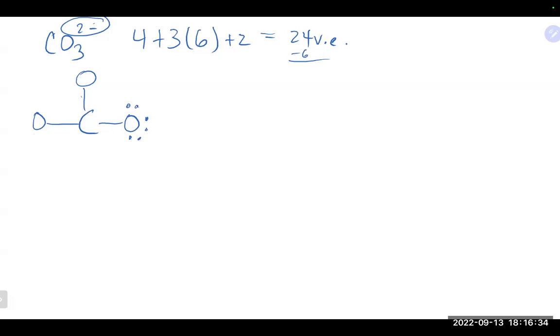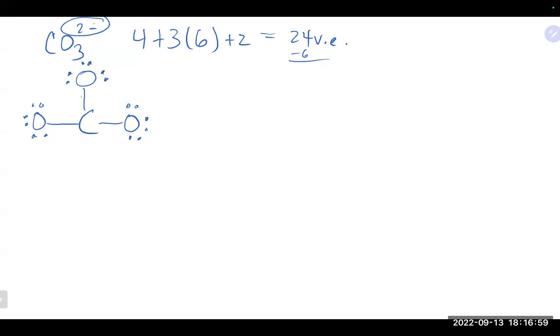That one is filled. 8, 10, 12, 14, 16, and 18 at this point. I have now put all 24 electrons on my picture. Is my picture good here? It is not. All the oxygens have met the octet rule.